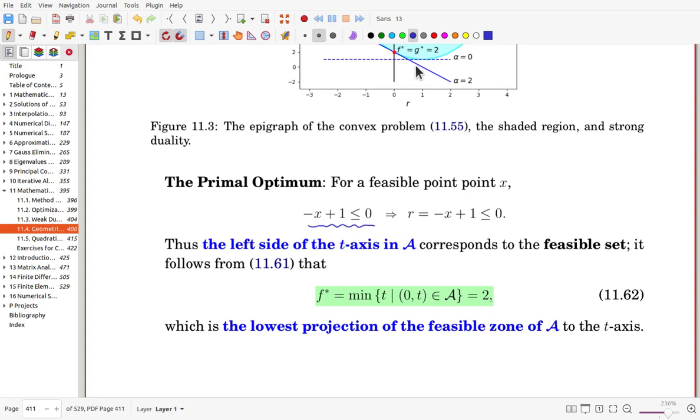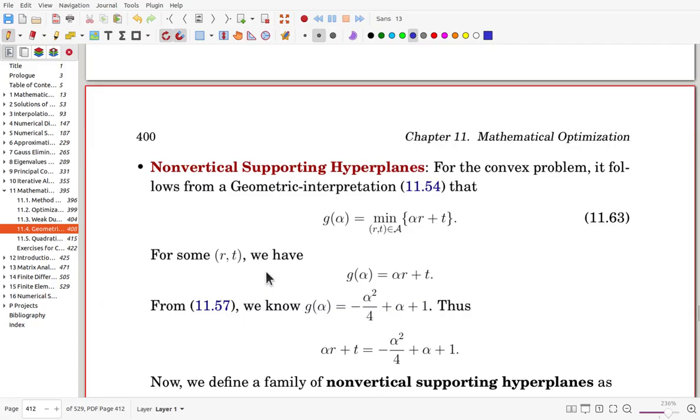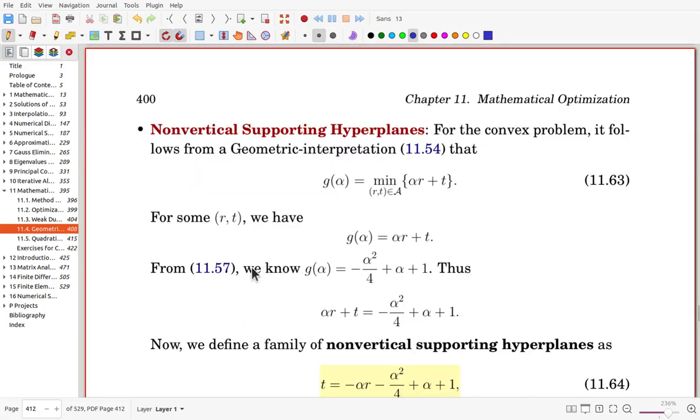Now we'll look at G star. Let's consider non-vertical supporting hyperplanes. For the problem, from the geometric interpretation, g of alpha is the minimization of alpha r plus t.